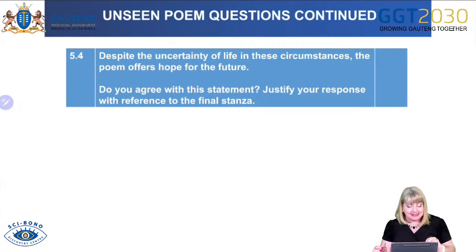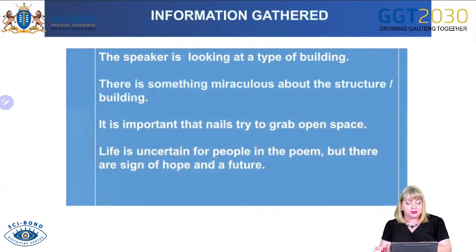The question says that in these circumstances, life is uncertain, but the poem still offers hope for the future. So even if you didn't see that originally, they've given you that information. So if you've read your question carefully, you will know that that's what they want you to go and find.